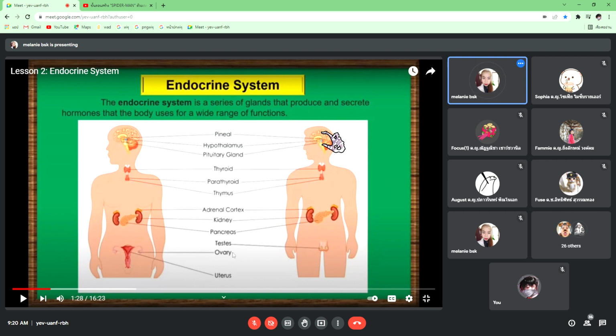So for the girls, it's the ovary. For the boys, I'm not going to tell you because it's a little bit rude. Okay, so these are the glands responsible for human growth, emotion, and development.